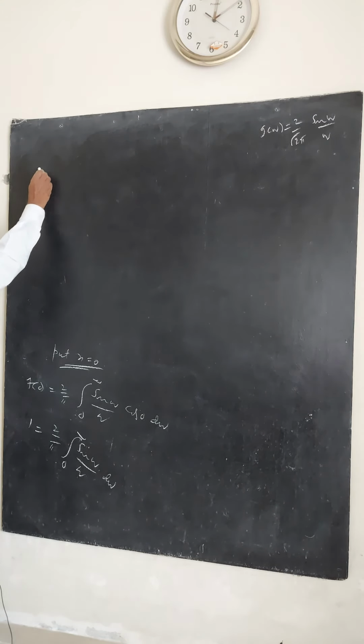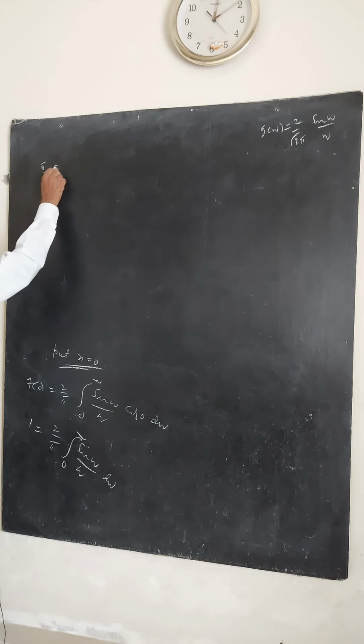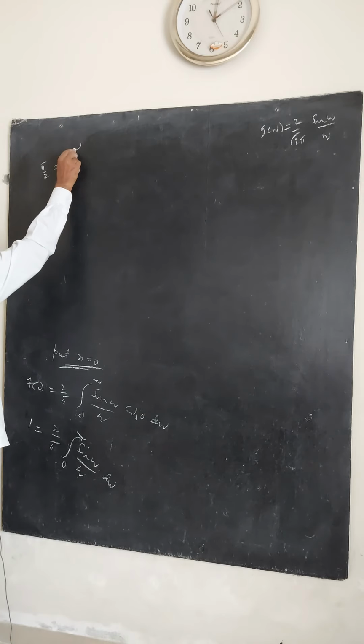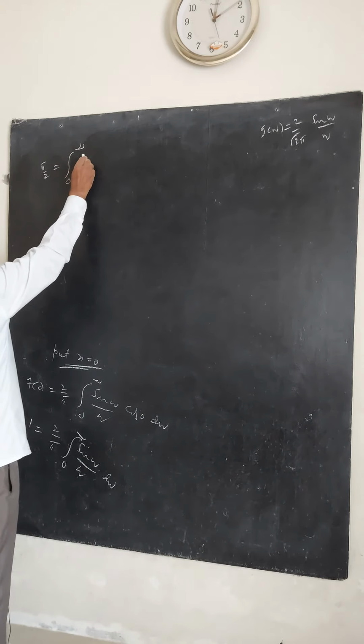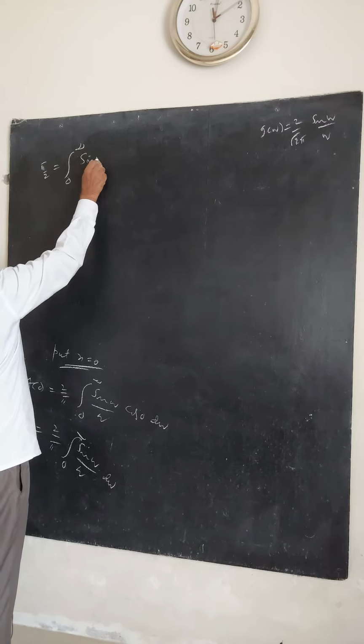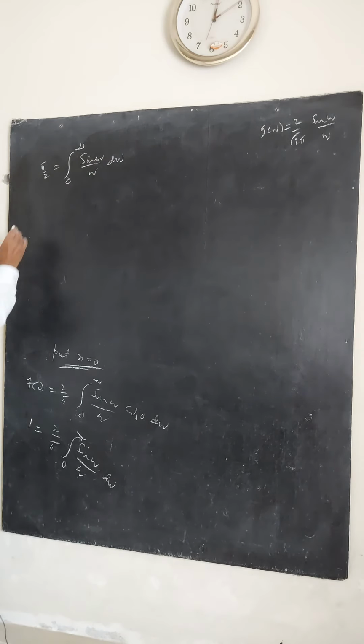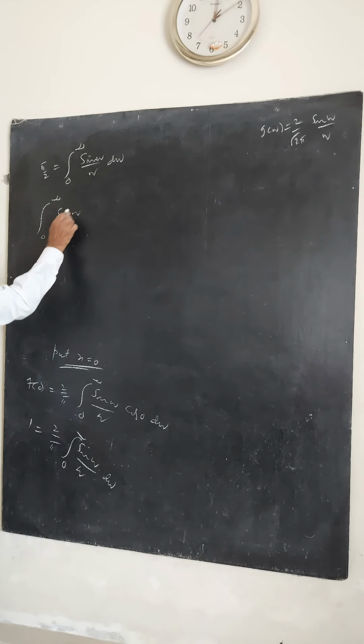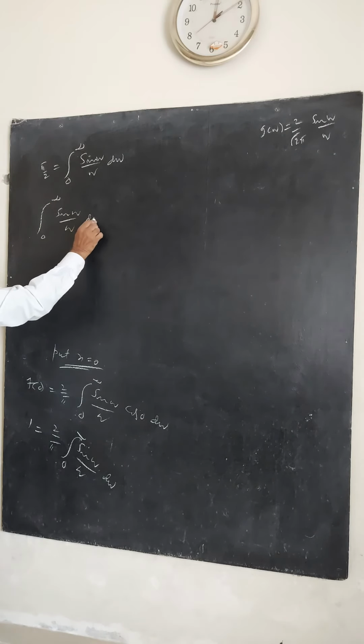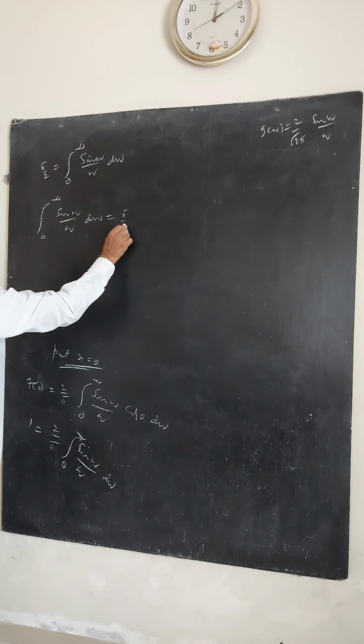Crossing this, pi by 2 equal to 0 to infinity sin omega by omega d omega. Again, writing: 0 to infinity sin omega by omega d omega equal to pi by 2.